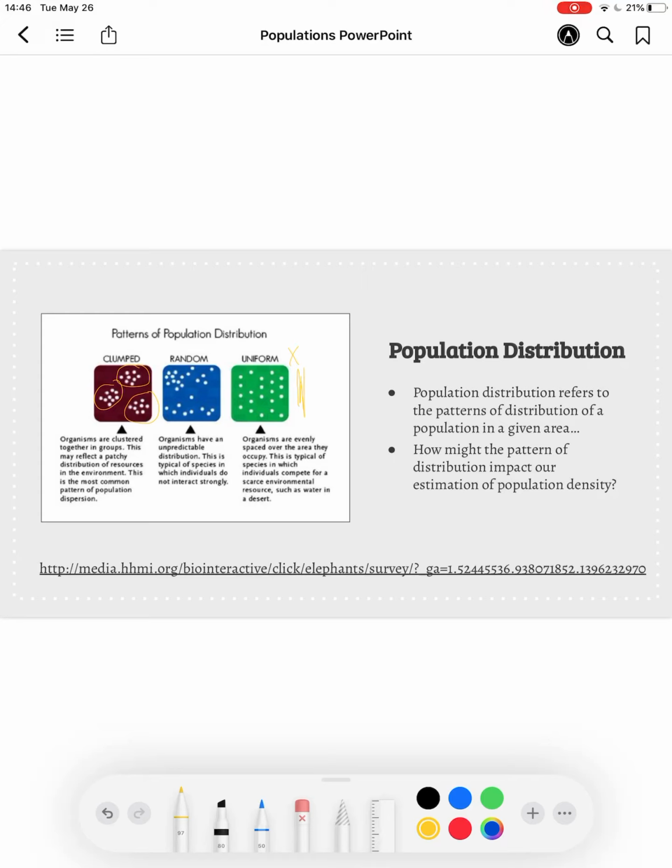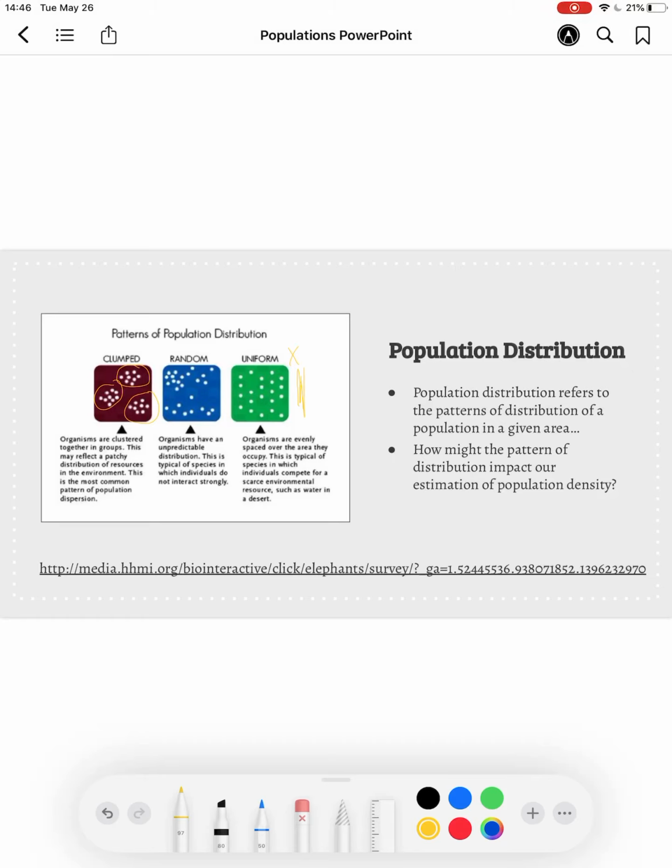And then random is sort of like clumped, but it's unpredictable. These are normally for species which don't really have strong interaction. So they're not pack species or species that really like to live together in big groups. They might just be a couple together. You might see this in some birds where they live sort of randomly.